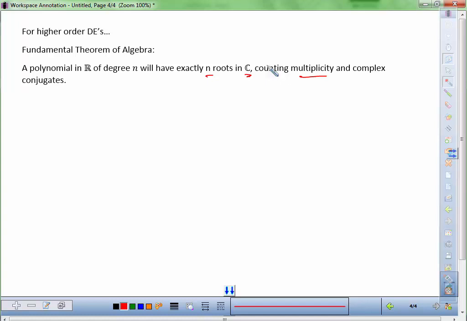Okay? So if we take a look at x to the 10th minus 1 is equal to 0, I will have 10 roots here. I will have 10 solutions. Now, you guys have all been living in the real world, so you are just looking at one solution, right?